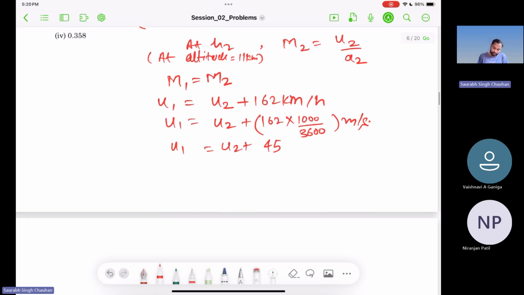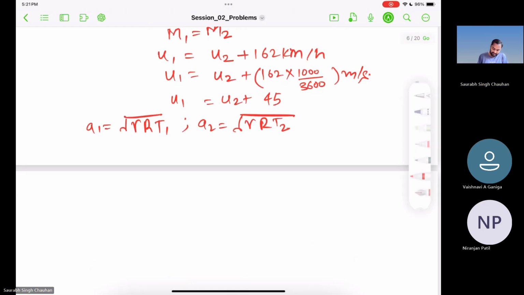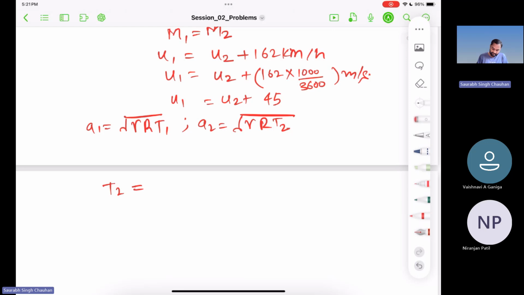And the speed of sound, you can write in terms of temperature. So A1, you can write as under root gamma R T1, and A2 as under root gamma R T2. And T2 will be equal to how much?